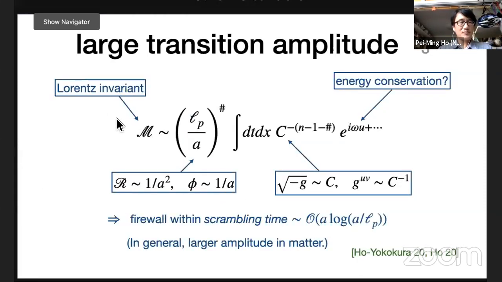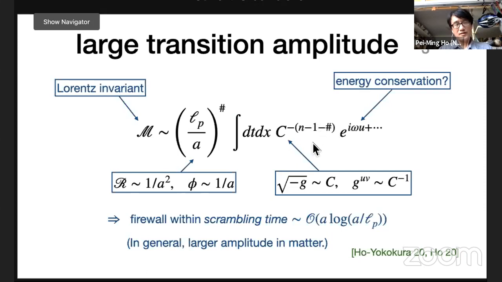So generically, when you try to compute a transition amplitude or something that is physical, a Lorentz invariant, typically an integral over space-time, you get a certain power of Planck length over Schwarzschild radius coming from the coefficients or from derivatives of the fields or from the curvature components.